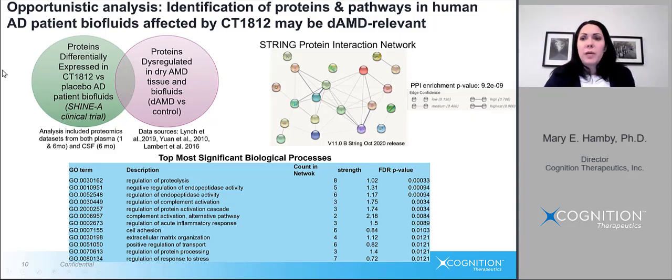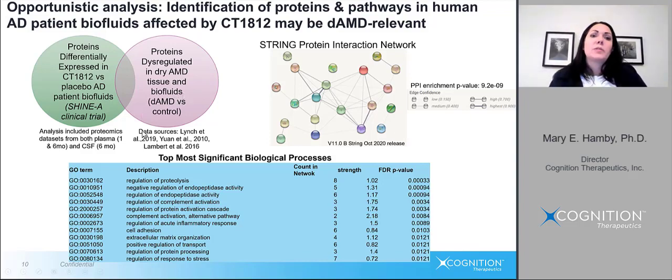From this, we generated a list of proteins that are differentially expressed in CT1812 versus placebo in this patient population in CSF and plasma. We simply asked, what is the overlap of those proteins differentially expressed by CT1812 with proteins known to be disrupted in AMD, either in tissue derived from AMD and control patients, or from plasma derived from AMD and control patients?